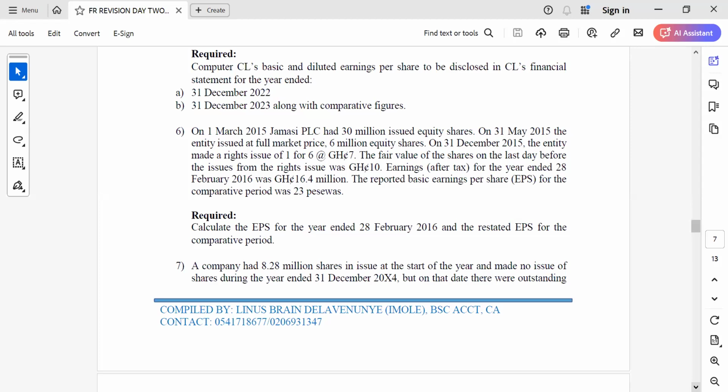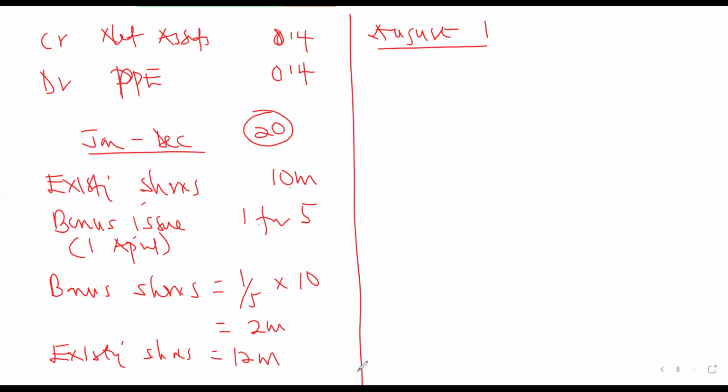Okay, this is actually a full market value and a right issue, which is slightly different from what Sina Dennis is asking. But I can use this one, maybe let me solve this one and see.